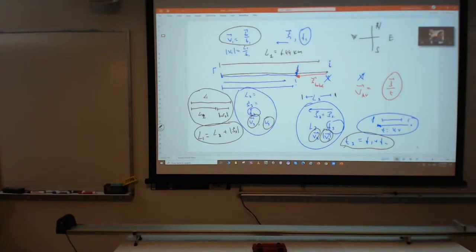So it's going to be more mathematics than physics. It's a training in solving a system of several equations with several unknowns. And your unknowns are T1, T2, and this distance, L2. I think essentially, eventually, this is what you're looking for.